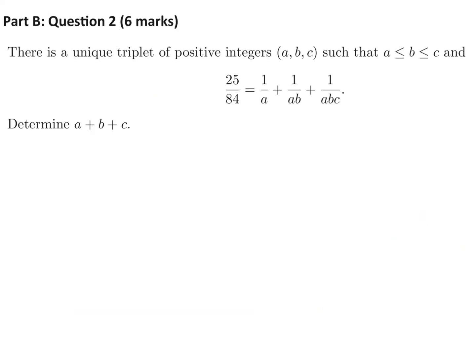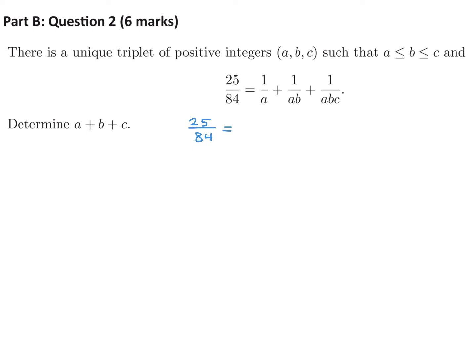There is a unique triple of positive integers A, B, C with A less than or equal to B less than or equal to C, and 25 over 84 is equal to 1 over A plus 1 over AB plus 1 over ABC. Determine A plus B plus C. I think this is one of those questions where you just have to use trial and error. Let's see what happens. So 25 over 84. Let's get a common denominator here.